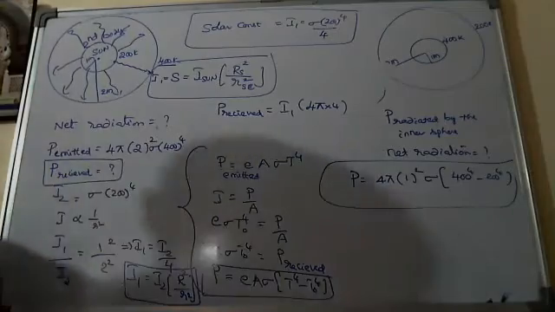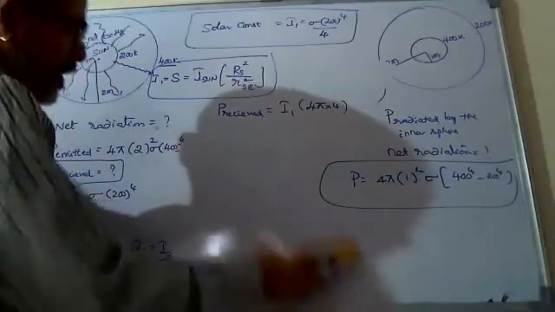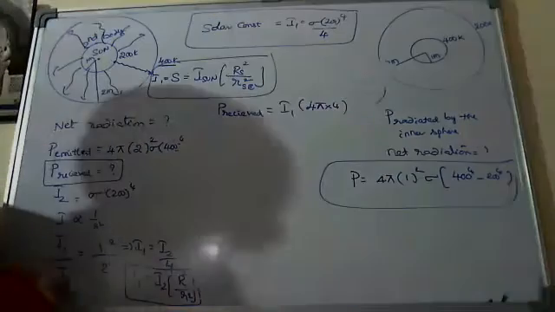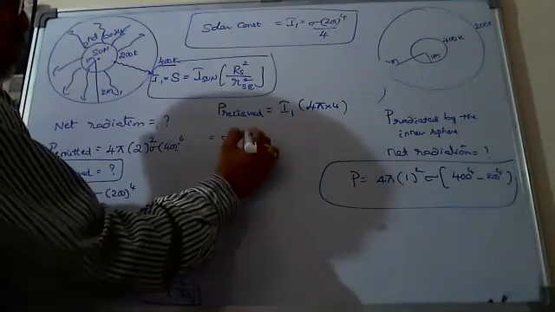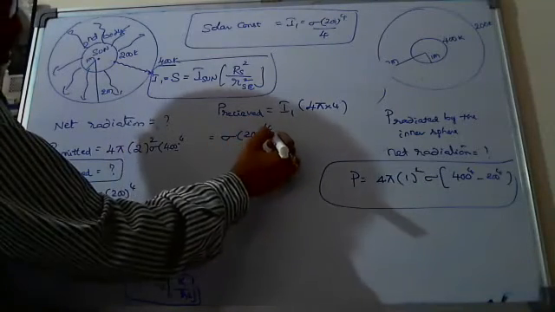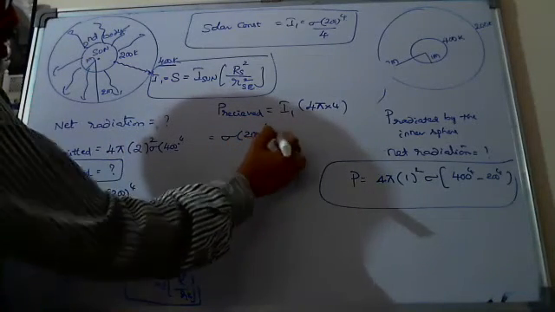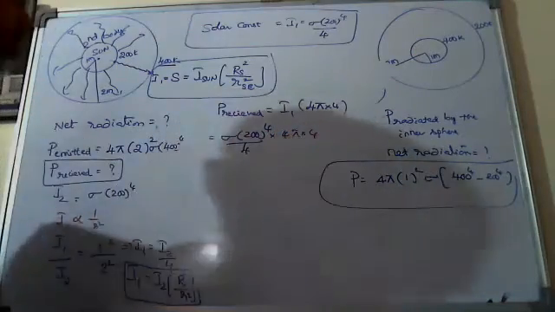This is the power received, which appears like how much, Nana? I1 into 4 pi 4, that is sigma into 200 power 4 into area by 4 into 4 pi into 4.